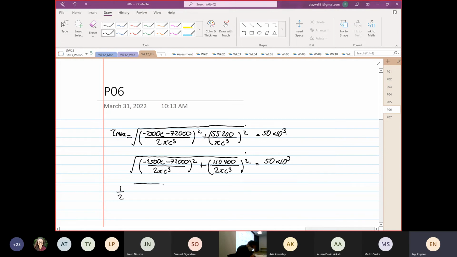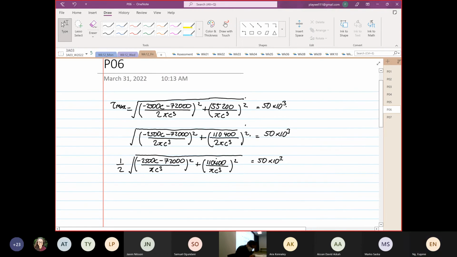Let me have some space. Seriously, Eugene. And then this will be equal to minus 2500C minus 72,123 squared over pi c cubed plus 110,400 divided by pi c cubed squared. Okay, the whole thing, equal to 50 times 10 to the power 3.